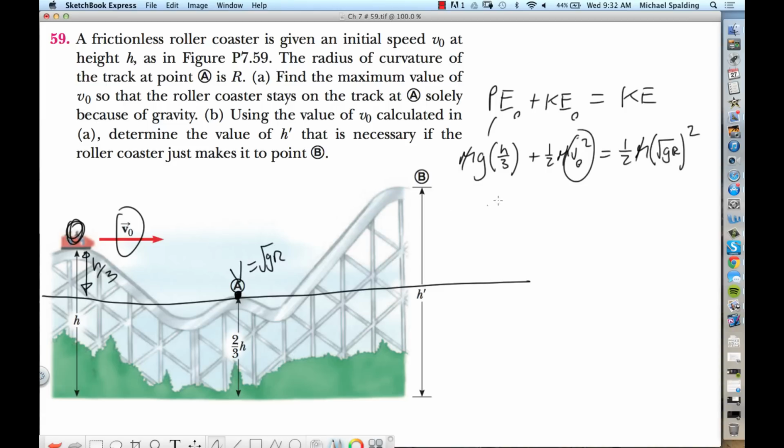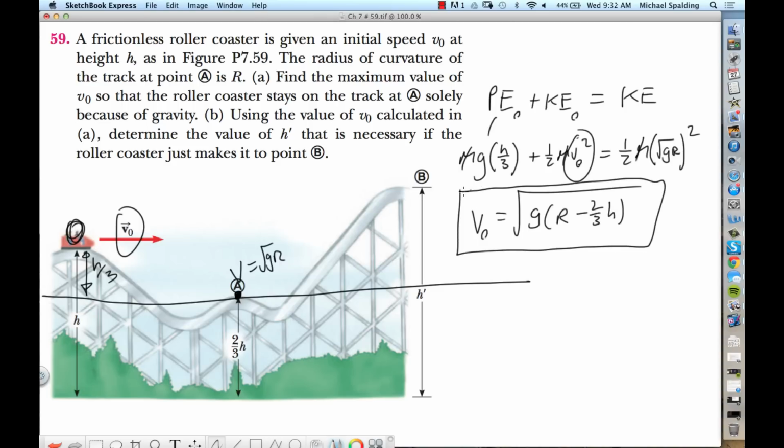When you solve this for v initial, you're going to get square root of g r minus 2/3 h. I left out some algebra. What I would do here is take this equation, multiply everything by 2 for starters, and then simplify the algebra. It all simplifies out to that. That make sense? It's all variables.